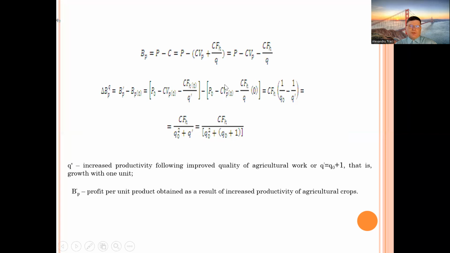Using the following formula and the information of the selected totality in the period 2008-2020, we determine the change of the profit per 1 quintal of corn depending on the increase of productivity, as we see in figure 3.